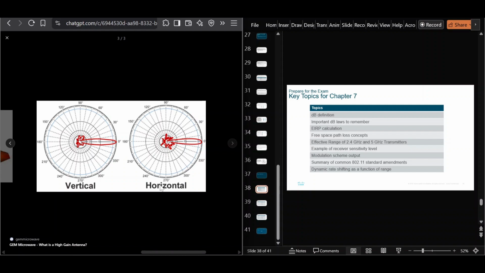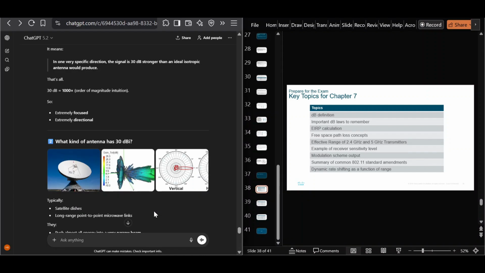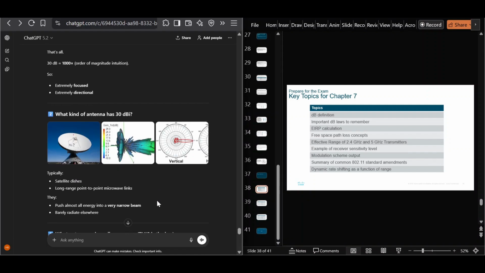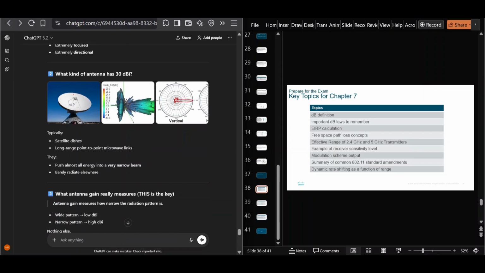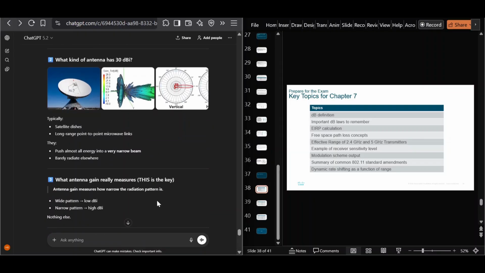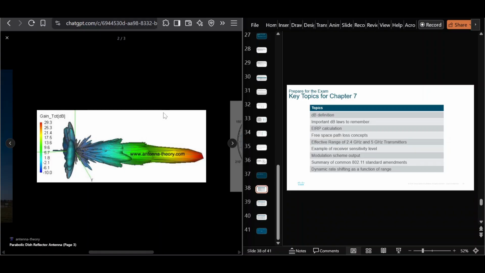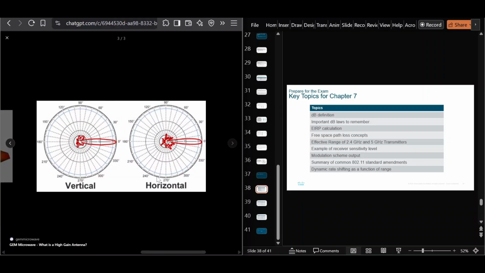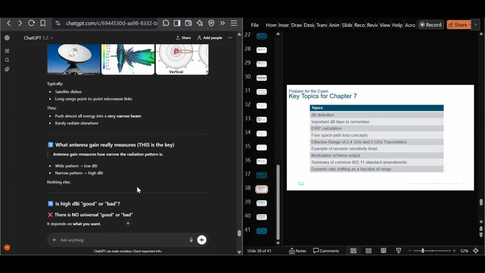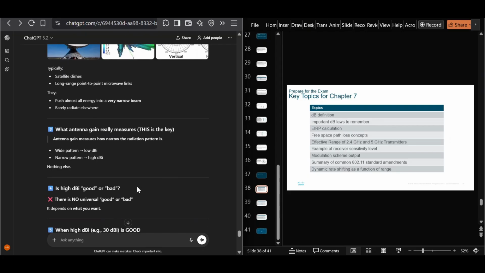Horizontal, vertical: the antenna points like a microphone and pushes everything into a narrow beam. What is antenna gain really? It is how narrow the radiation pattern is. A wide pattern means low dBi and a narrow pattern means high dBi.